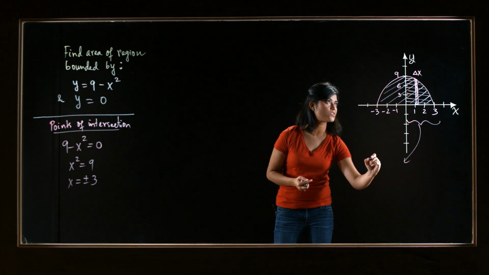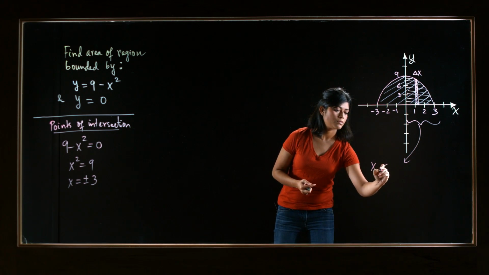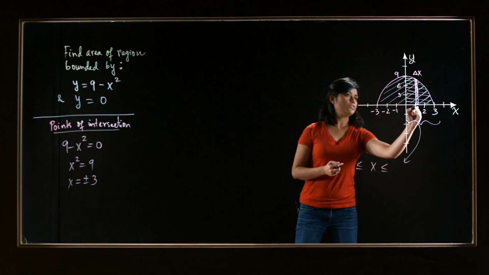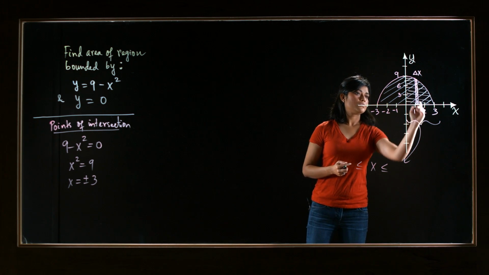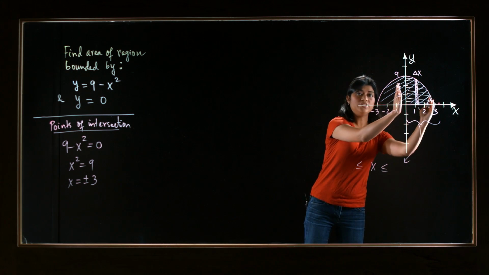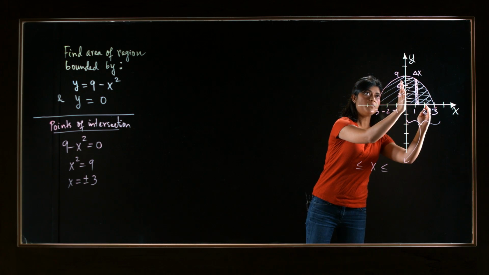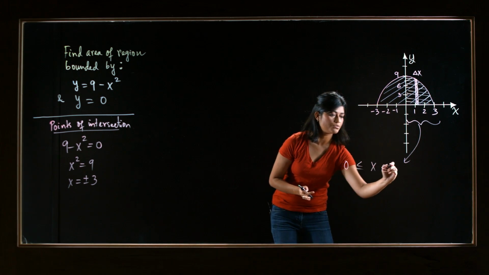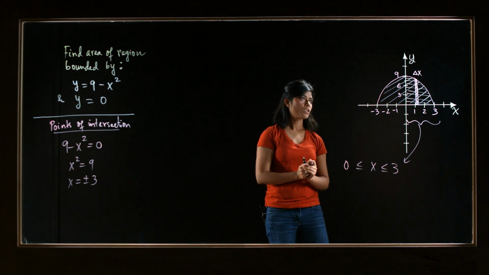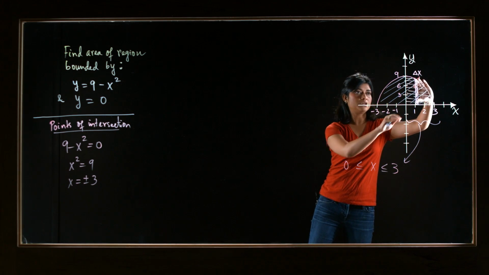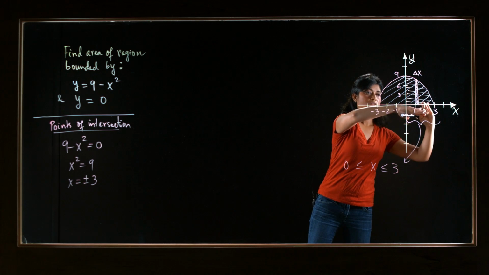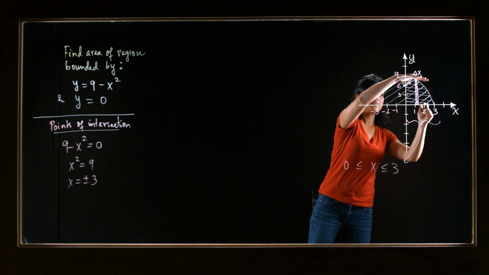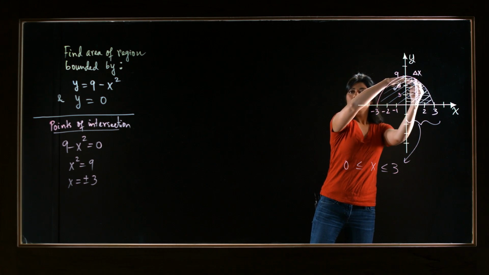Okay, so what are the x bounds? Look at the rectangle. Here is x, and only this part of the region, right? So it's from the y-axis to x equals 3. So x is between 0 and 3. Okay, what about the y bounds now? Now look at the length of this rectangle. It's from the x-axis up to the parabola.